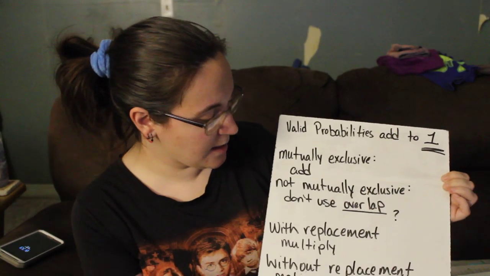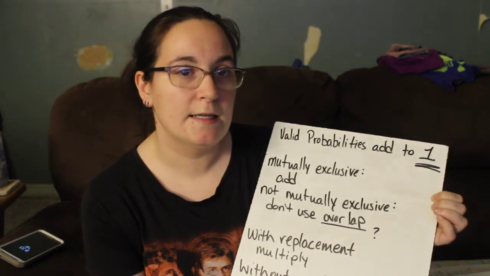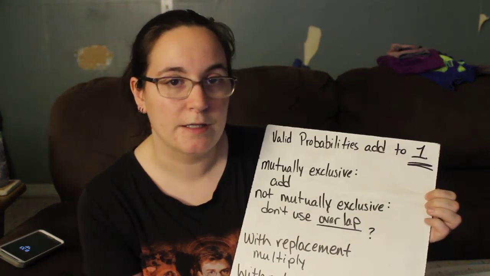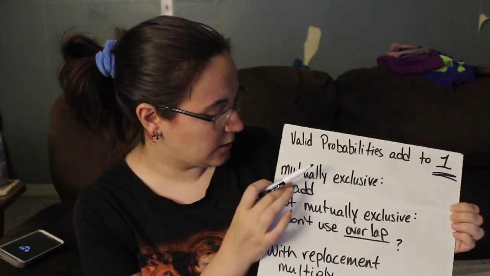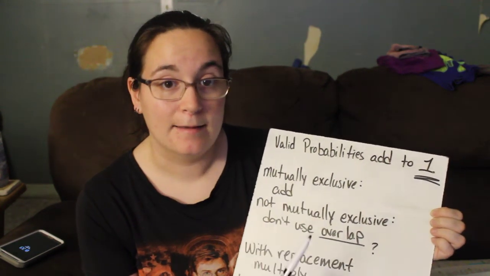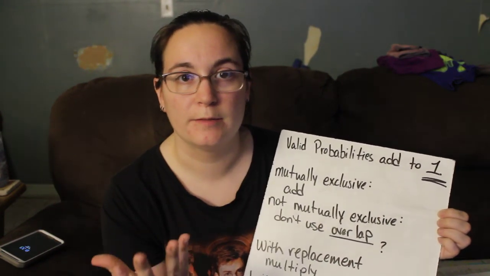If it says something about being mutually exclusive events, so in just singular events, if they're mutually exclusive, you are going to add. So in the singular events, you're just going to simply add them together. You're coming up with two different probabilities and you're combining them to find the total probability.